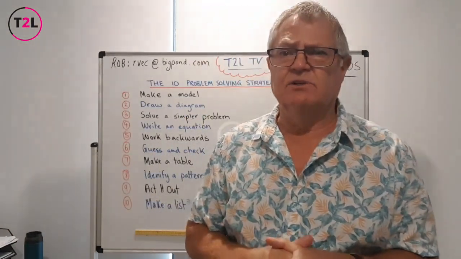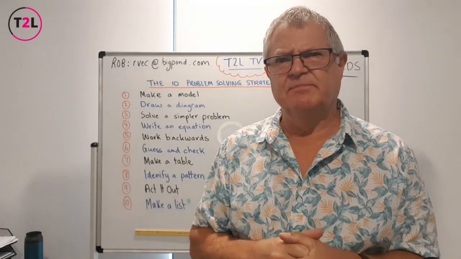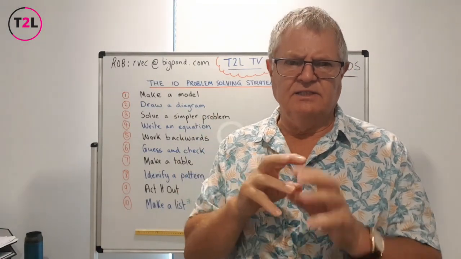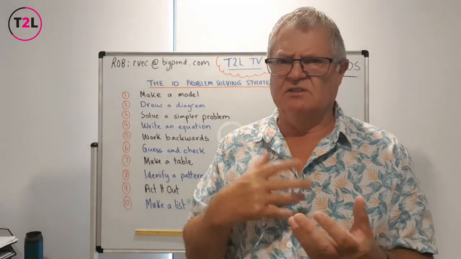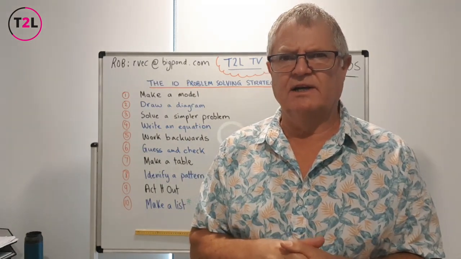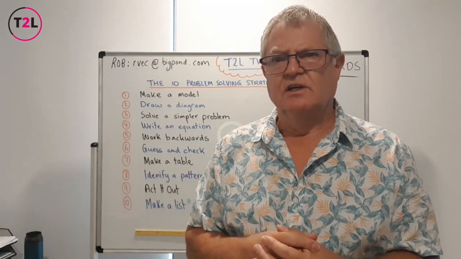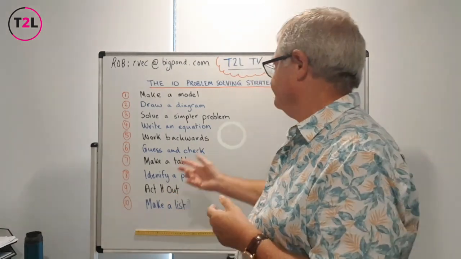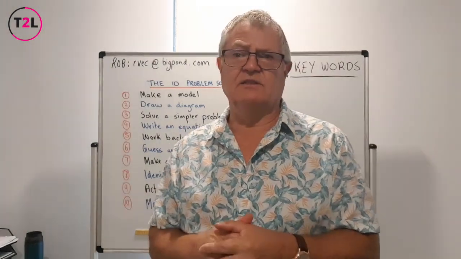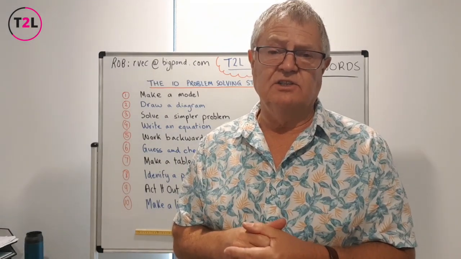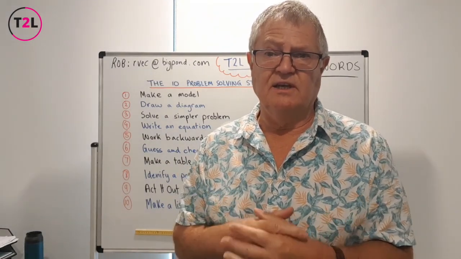Write an equation. Yeah, now we're heading into those kids who are probably a bit more mathematical, logical. So I think Charlie's term is write a number sentence. I just like going for the correct terminology straight up. It's writing an equation. I use that from prep onwards. So write an equation. Yeah, put the maths down. It's your chance for the kids to use the symbols that they know and the operations that they know.